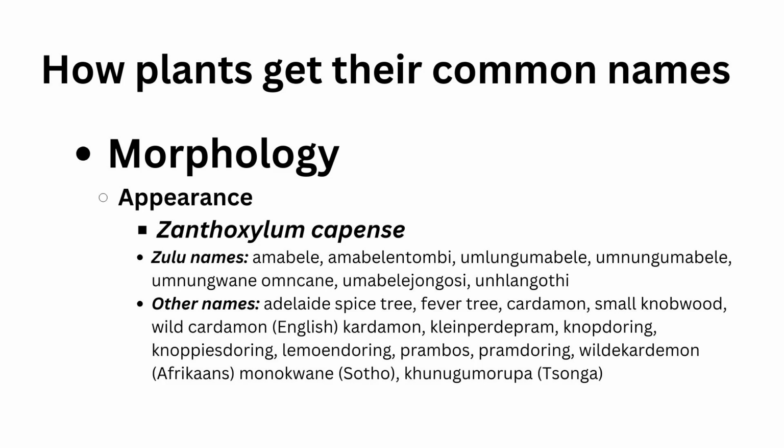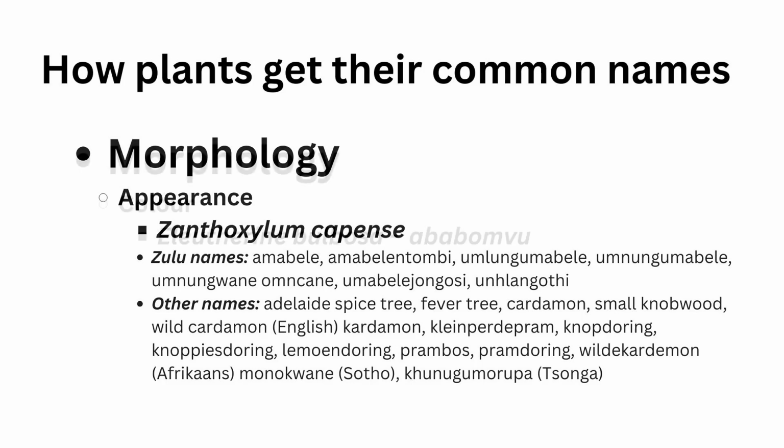And this is because of the large cone-shaped knobs on the tree that resemble a woman's breast, or amabele ntombi, which are a maiden's breast. The plant is also called mlungumabele, which refers to a white woman's breast.